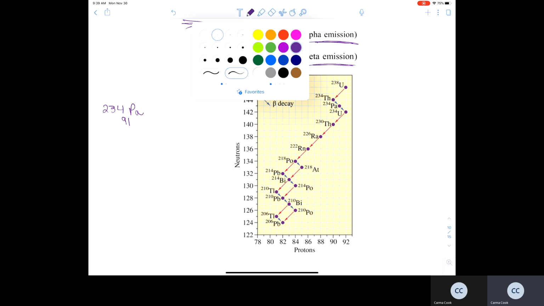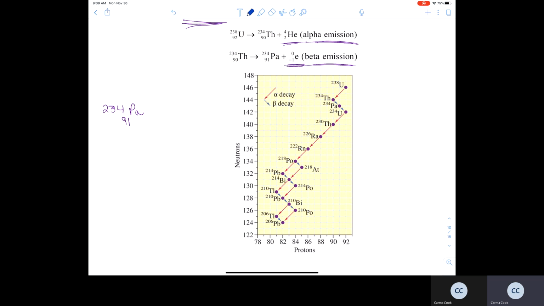And so Pa-234 has atomic number 91, and Pa, its name is protactinium.